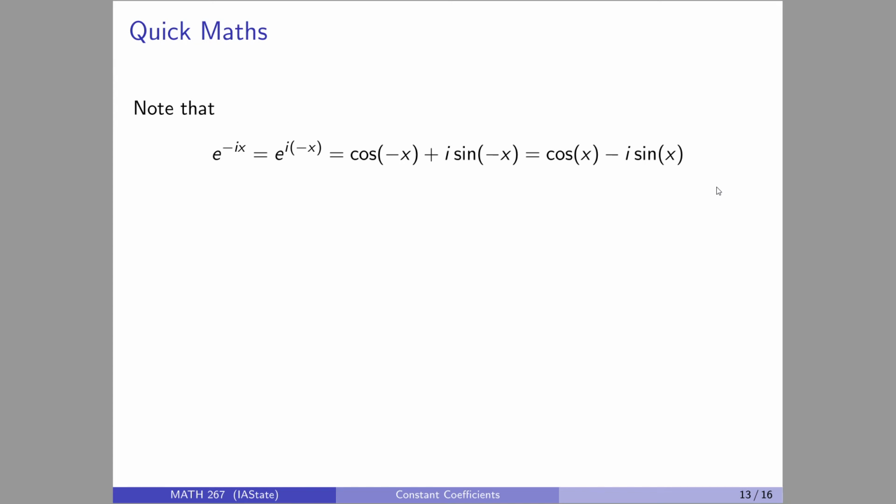Cosine doesn't care about the minus sign. And sine is odd, which means that if you do give it a minus sign, it spits it out. So, in terms of complex numbers, the conjugate of e to the ix is e to the negative ix. That's a nice little piece of information to put in your back pocket. Every so often we're going to whip this one out, so let's have it at the ready. I'll have it in our holster.